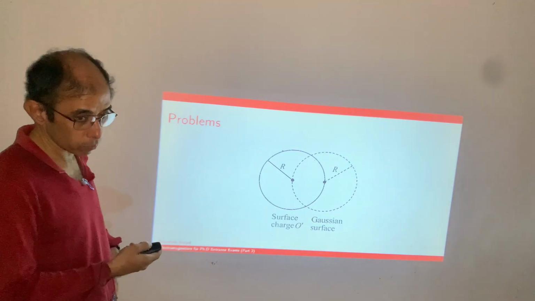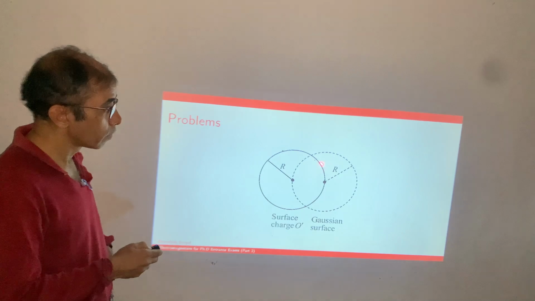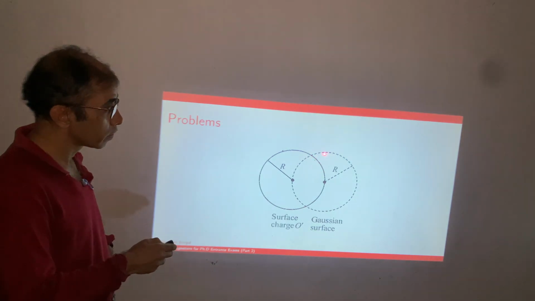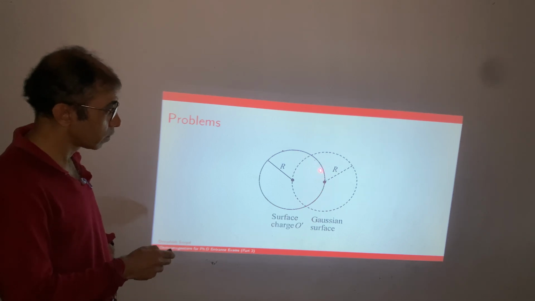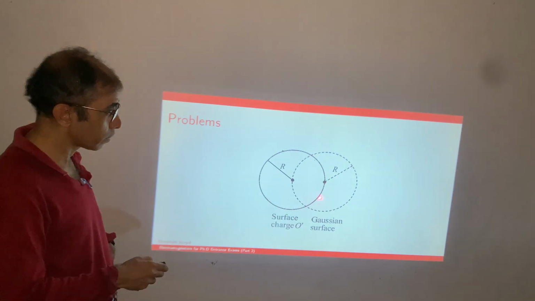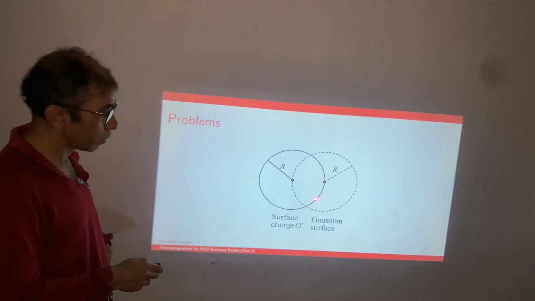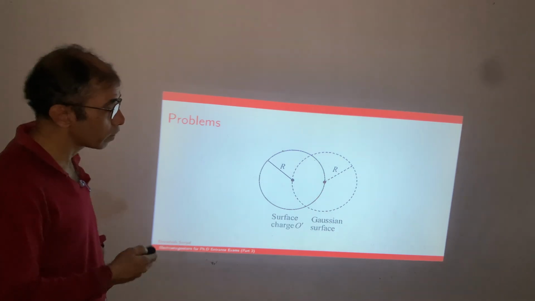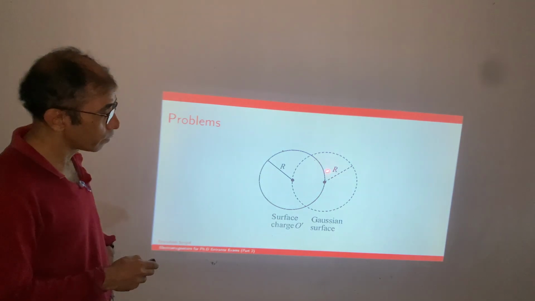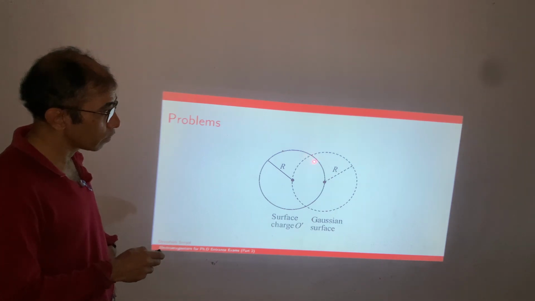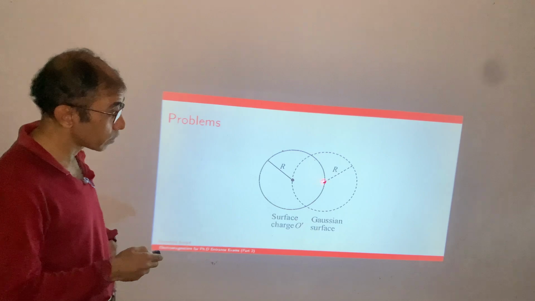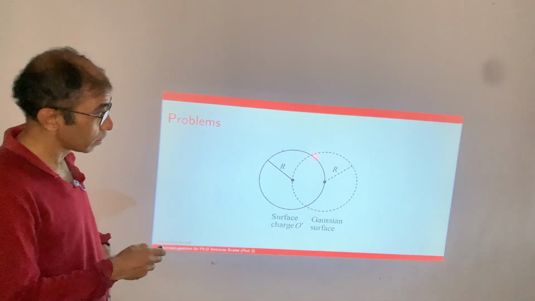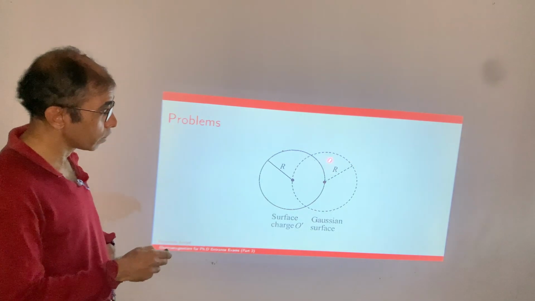What is its value? In order to do that, this Gaussian surface encloses the charge that is on this surface, right? So what we have to find out is basically the surface area of the charge. This is a sphere, and this is a sphere.